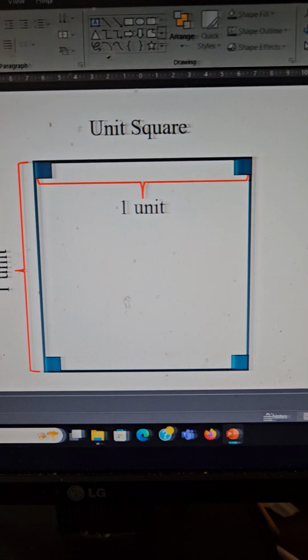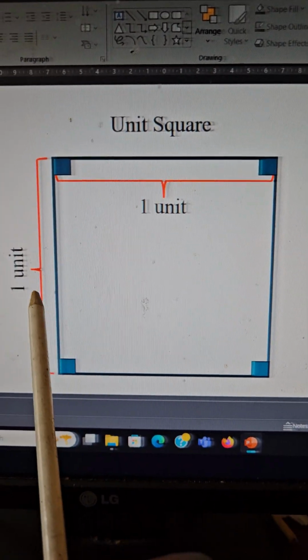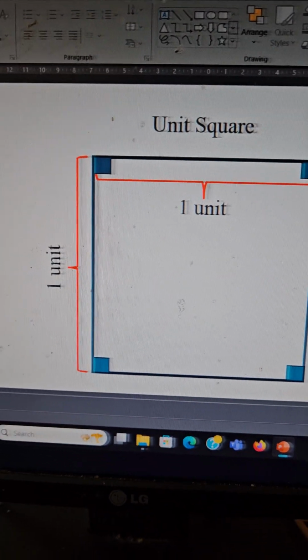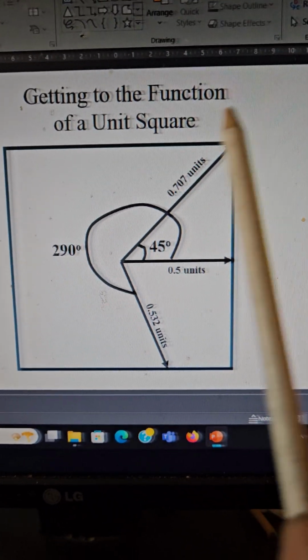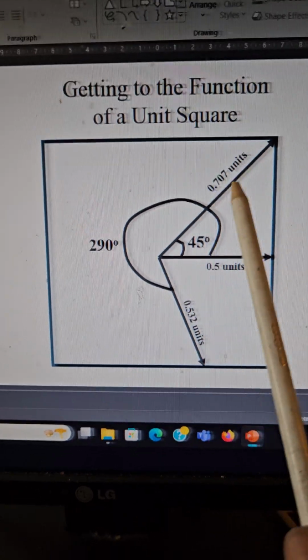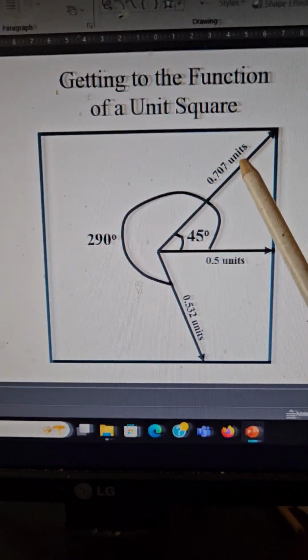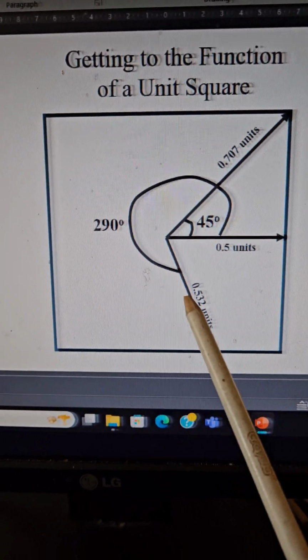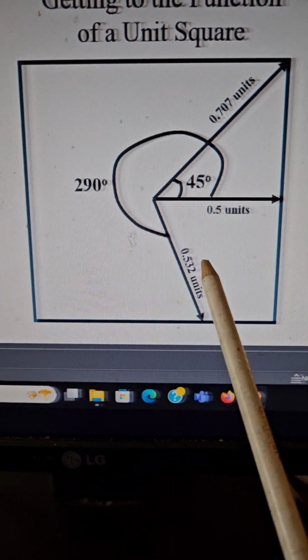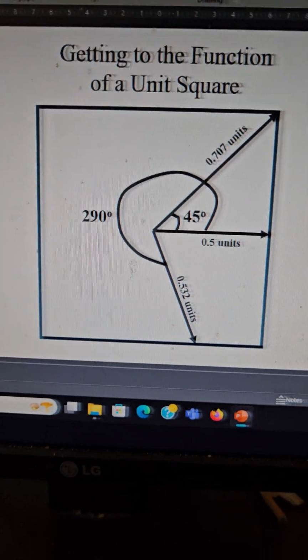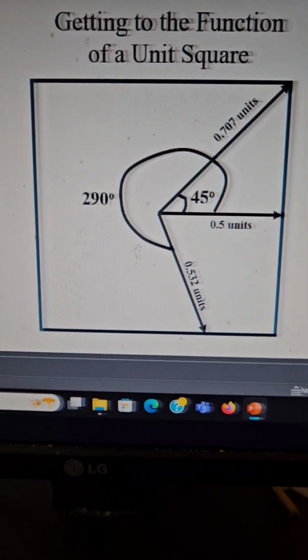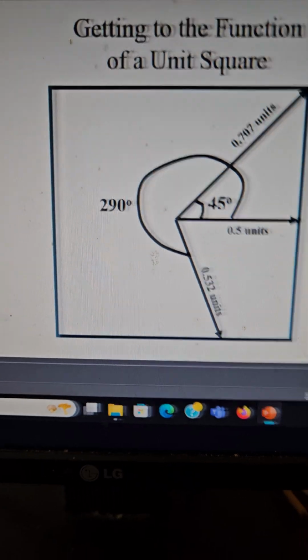Let's look at a unit square. Each side will be 1 unit. If you have 45 degrees, this would be 0.707. At 290 degrees, it would be 0.532. You use a spreadsheet, because we're not inventing these functions, we are discovering them.